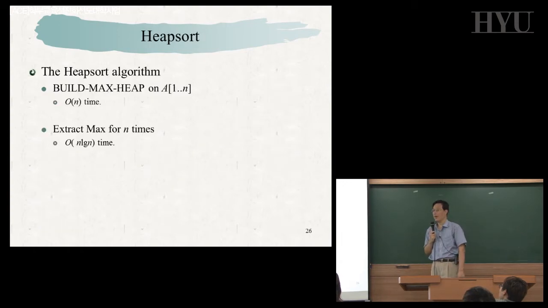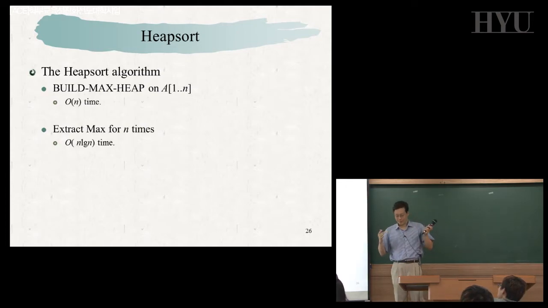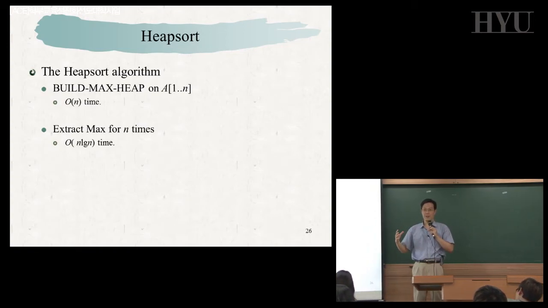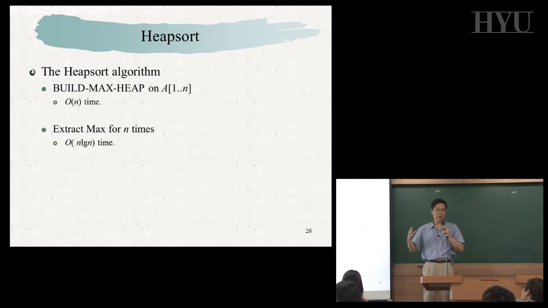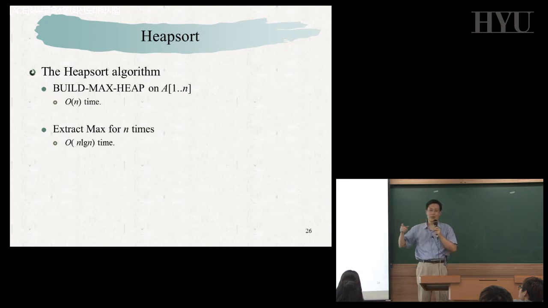Okay, now it's time to explain the heap sort. First, an arbitrary array is given. Then first we run the build max heap procedure on the given array. Then, as I told you, in linear time, a heap is built in the input array.